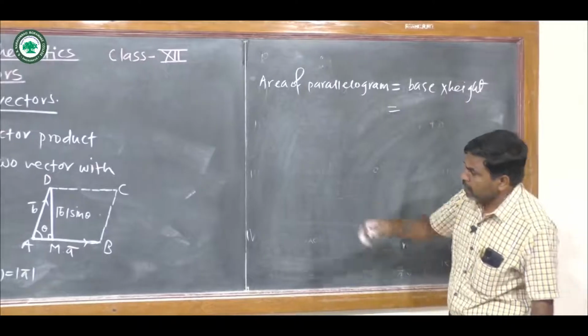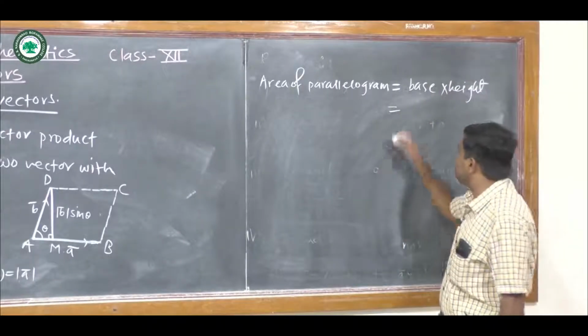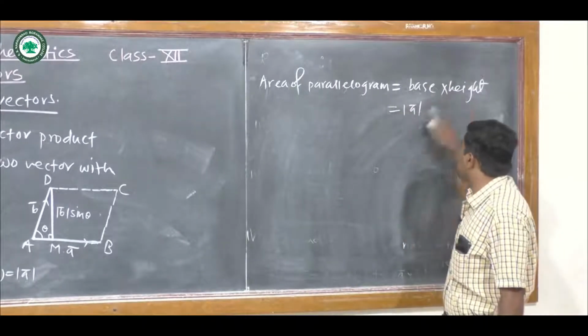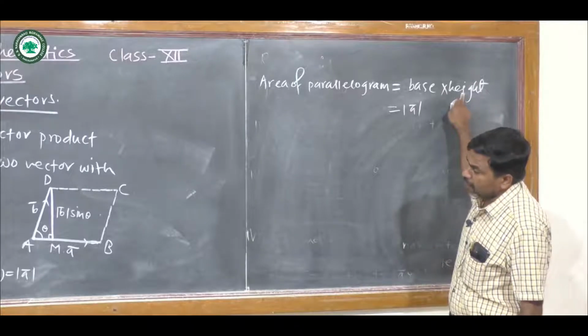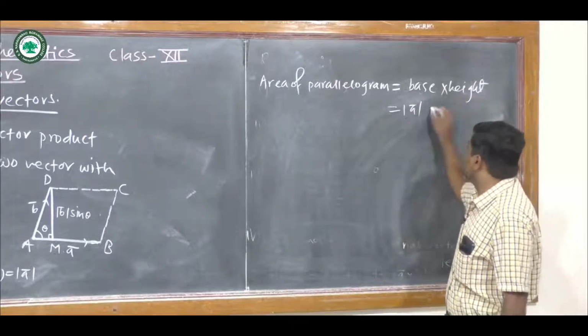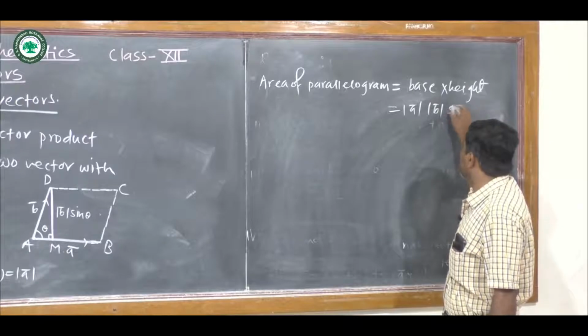What is base? That is length of AB, which is magnitude of vector A, into height, that is length of the segment DM, which is magnitude of vector B into sine theta.